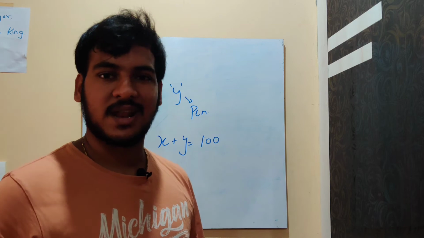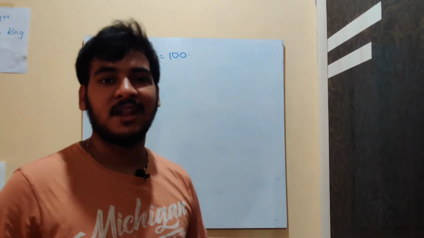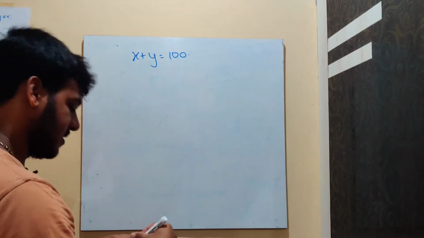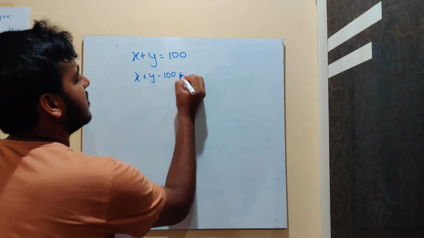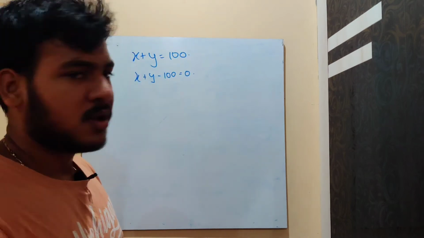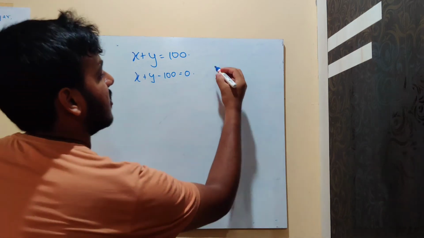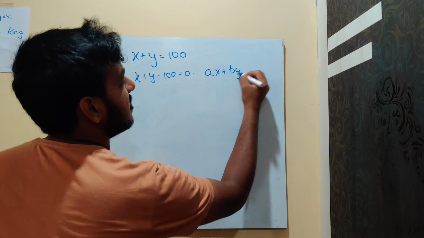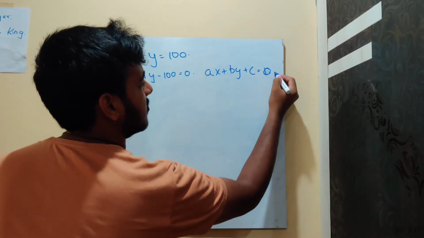So let's jump into the next topic. x plus y equal to 100 is an example of a linear equation in two variables. If I get this 100 this side, I'll get the equation as x plus y minus 100 equal to 0. Isn't it? So you can see that this equation is in the form of ax plus by plus c equal to 0.